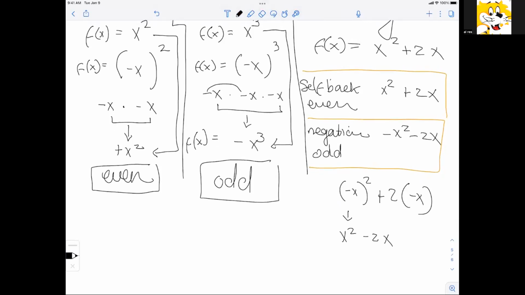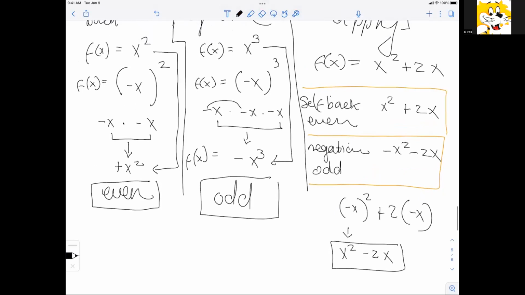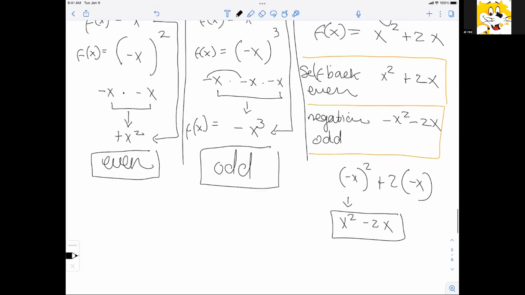Is x squared minus 2x the same as x squared plus 2x? No. Is x squared minus 2x the same thing as the negation, which is negative x squared minus 2x? No. So this is neither.